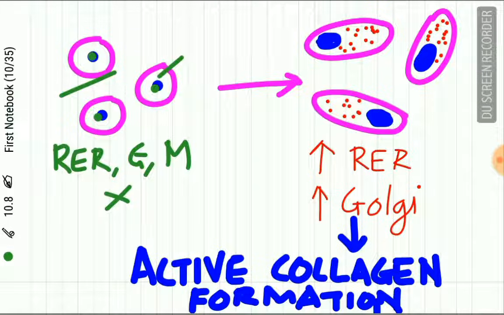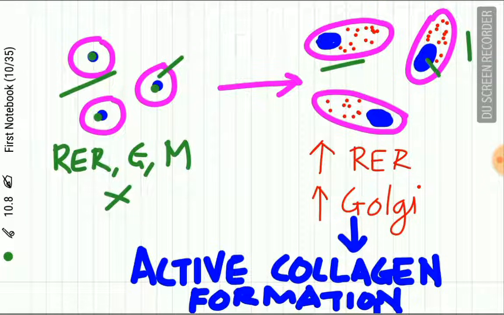As the root formation begins, these perifollicular mesenchymal cells change in their appearance. They become elongated. They gain polarity, that is, the nucleus occupies a particular position in the cell.